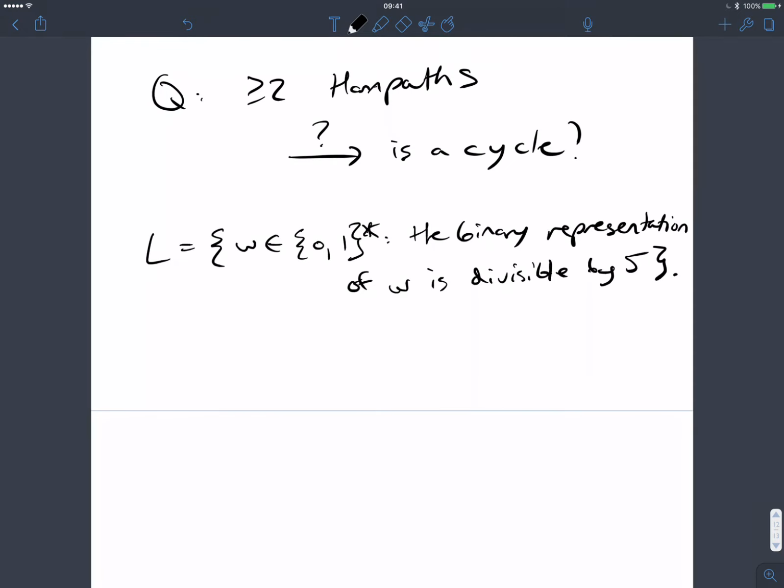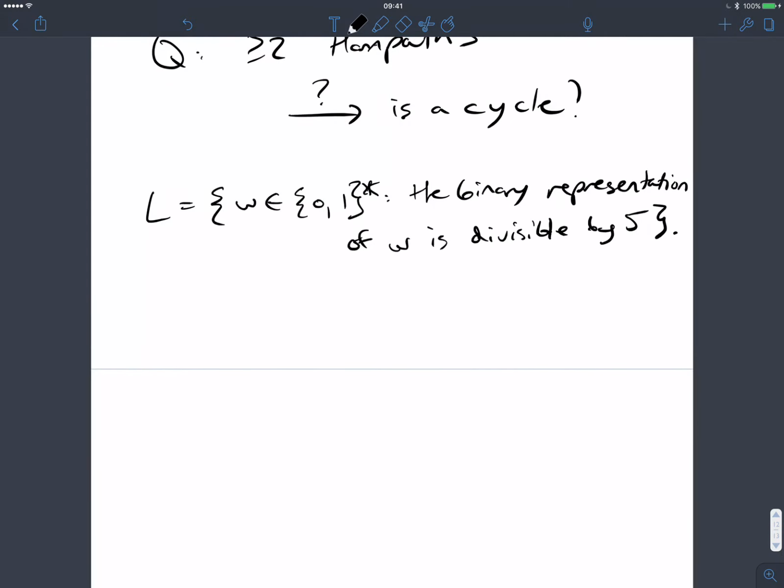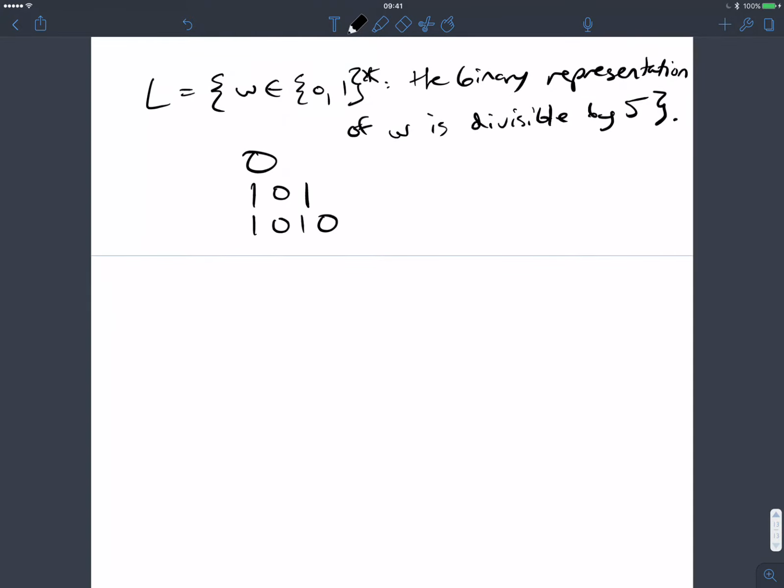Okay. So an example string obviously is 0. That's in there. 101's in there. What's 1010? It's 10. Oh, that's pretty obvious. Okay. Well, let's see.